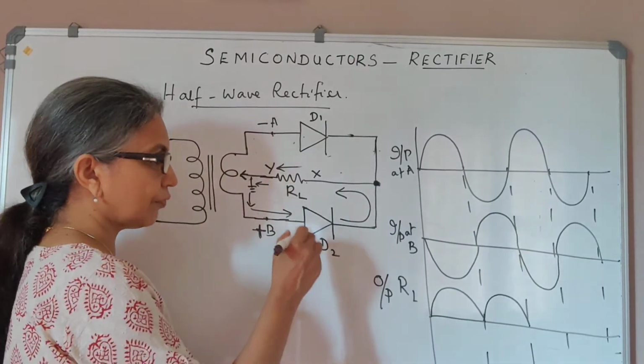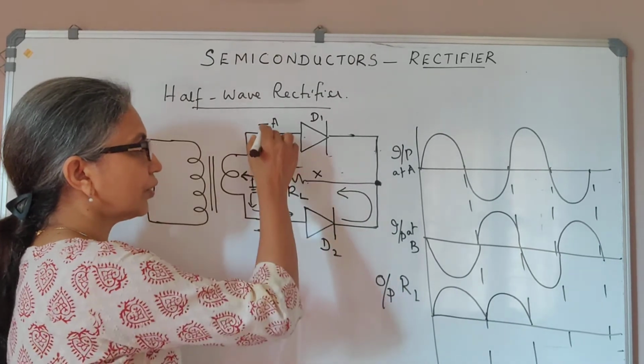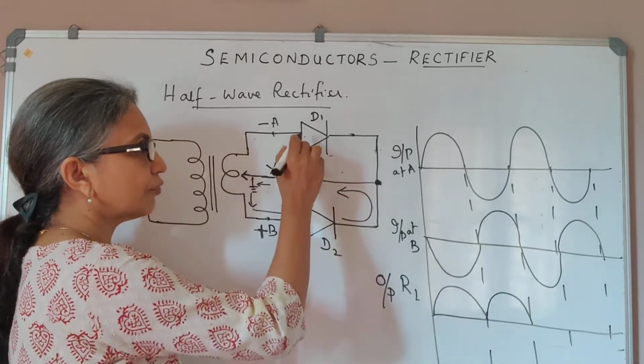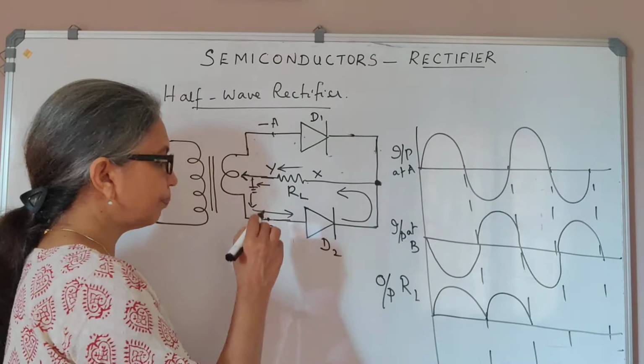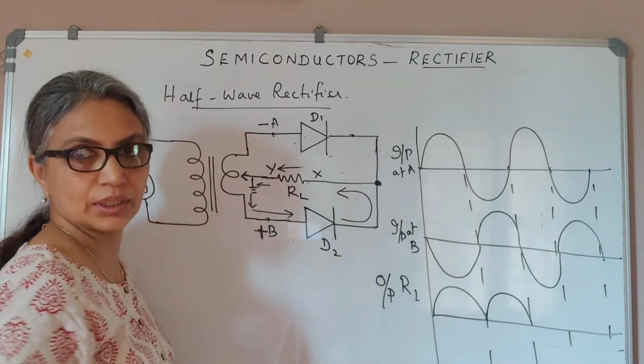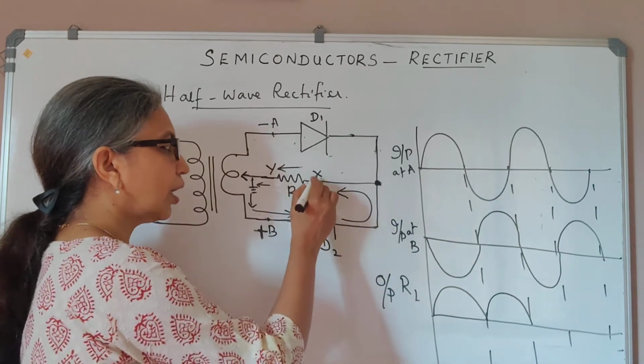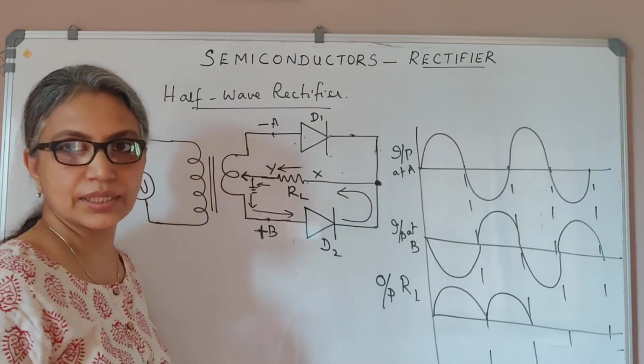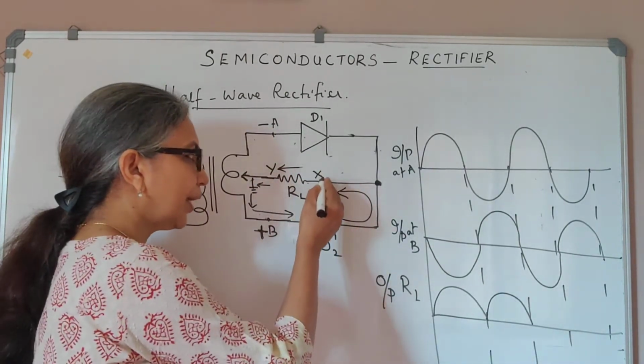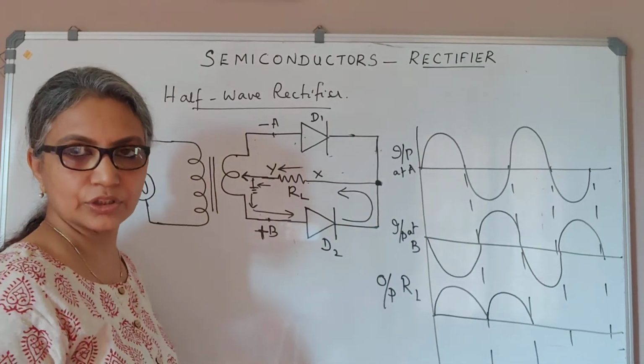So now you will have understood that whenever A is positive, you have D1 conducting. Whenever B is positive, you have D2 conducting. Whether D1 conducts or D2 conducts, current in the load resistance is always from X to Y, that is in the same direction.